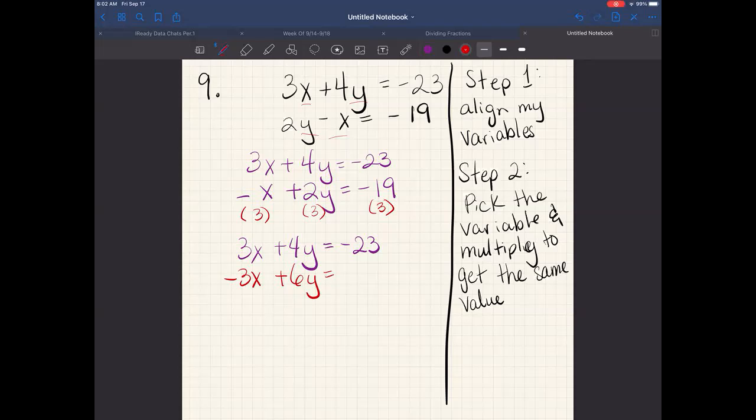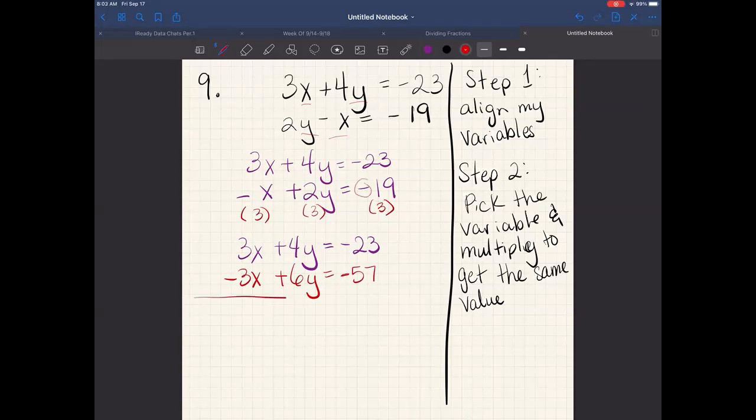You guys have your calculator. Negative 57. Okay, so it is negative 57. Remember that the negative stays.